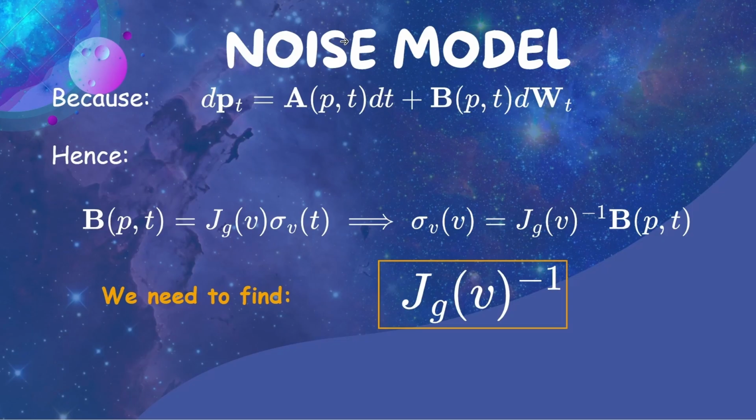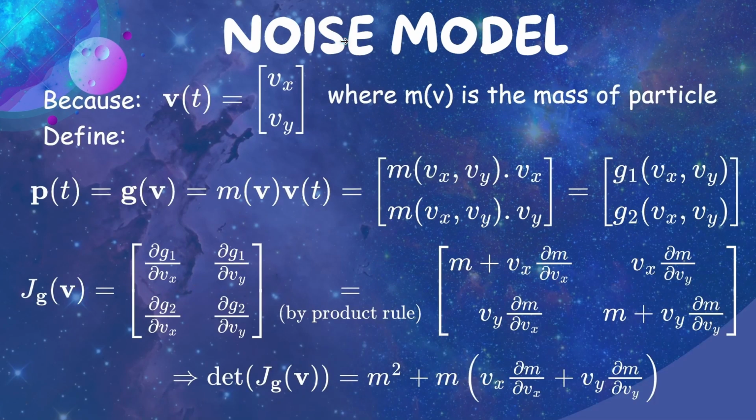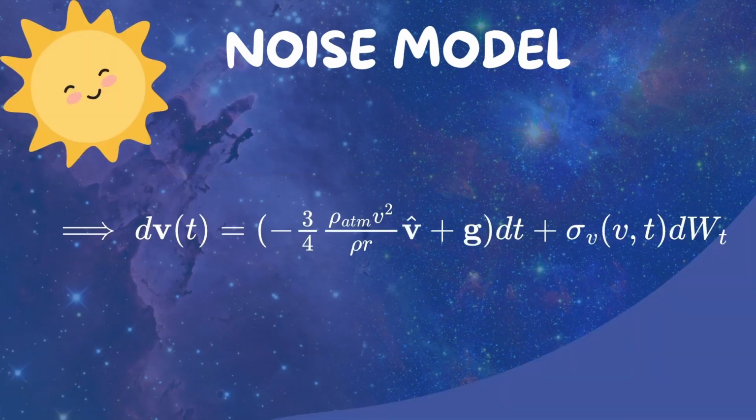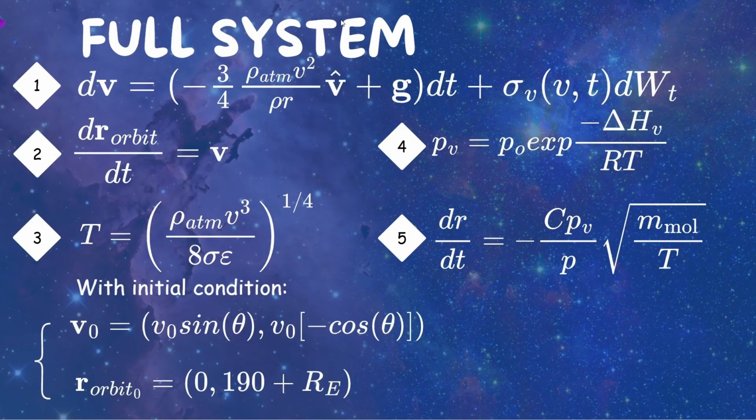Therefore, we need to know the inverse of the Jacobian matrix of G. It's simple. G is a vector, M is a number, so G is also a vector. To determine the inverse of the Jacobian matrix of G, first we determine the Jacobian matrix of G, its determinant, then its adjugate matrix. Combining them all, we have the diffusion term of velocity. This is the full system of the noise model with two initial conditions.